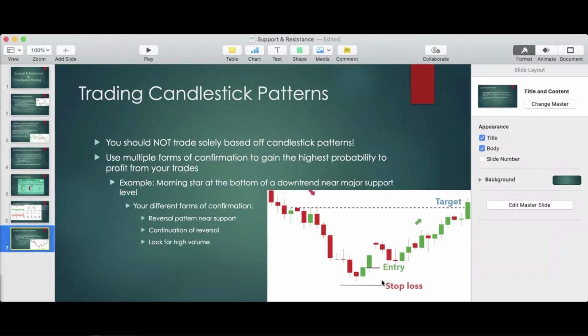If this was a support line, that would be another form of confirmation. My third form of confirmation would be this continuation of the bullish candle. So you have a downtrend, a morning star established, and continuation established from this next green candle. That's another form of confirmation, so that would be a pretty strong trade for me to enter. So I would enter that trade. Anybody have questions on that?